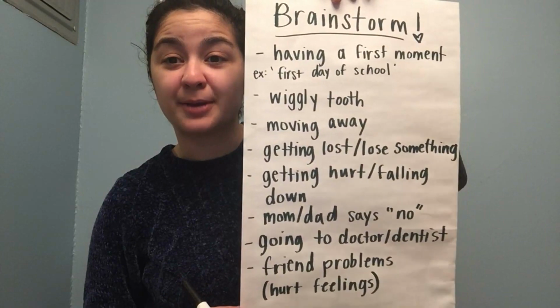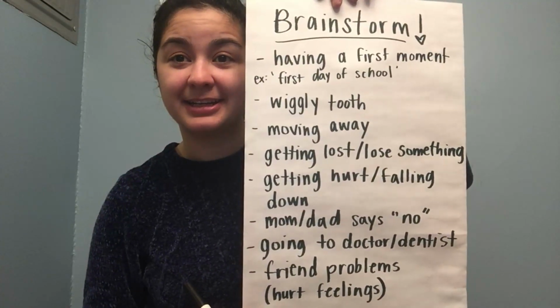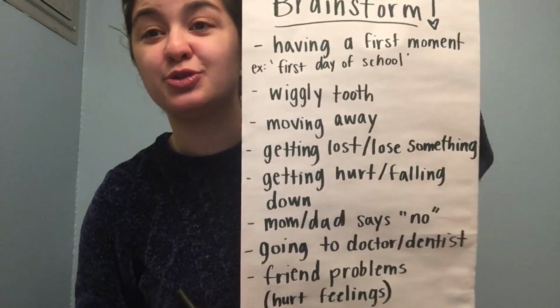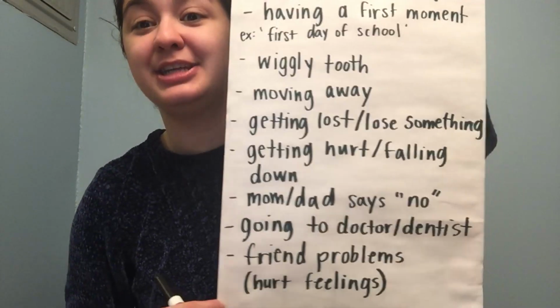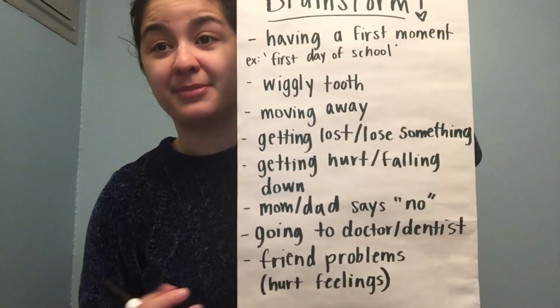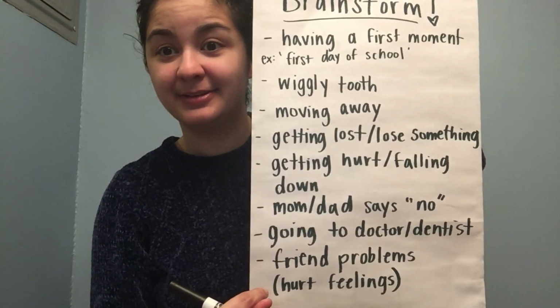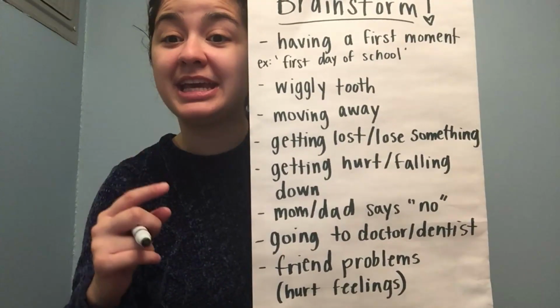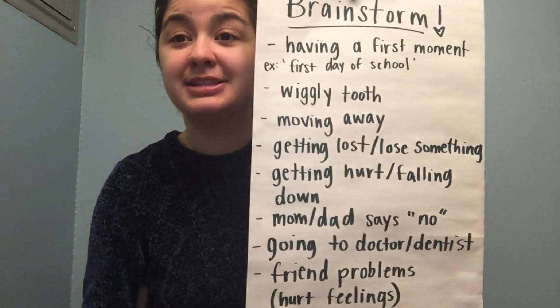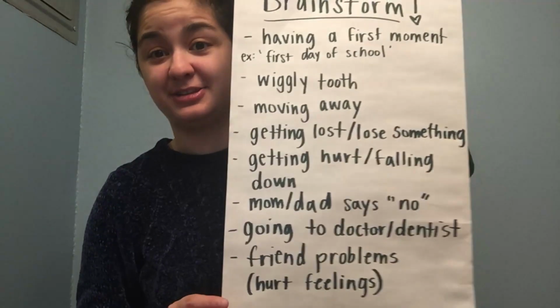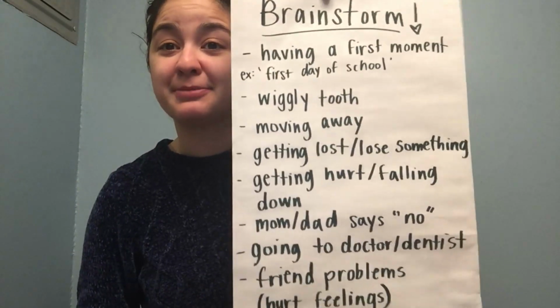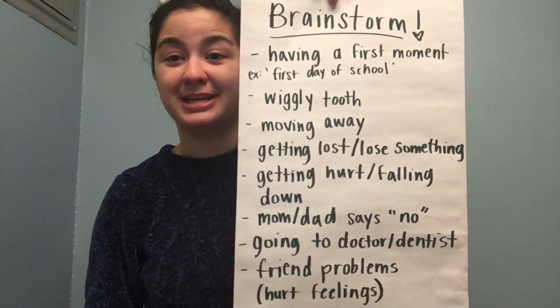You're going to take out your sharpened pencil with an eraser, and you're going to choose 3 different ones from this list, or 3 different ones of your own if it is not on this list. I will post a picture of this on the screen so you can keep looking at it.